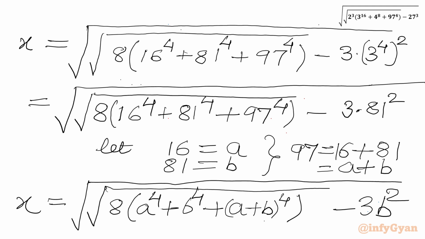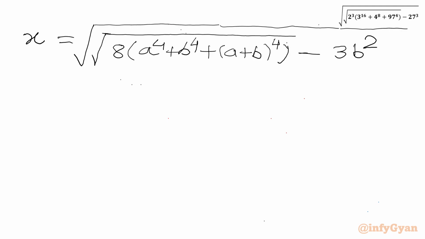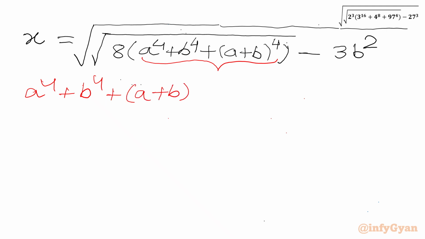Now we have to simplify this innermost square root. So let me write our expression here. Now we will simplify this bracket separately. So I will write here a power 4 plus b power 4 plus a plus b whole power 4.